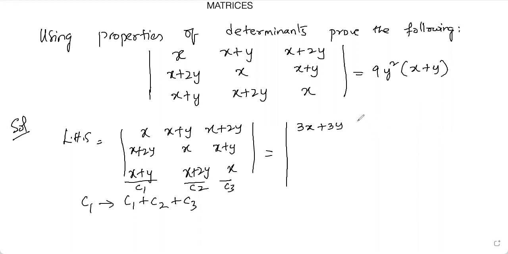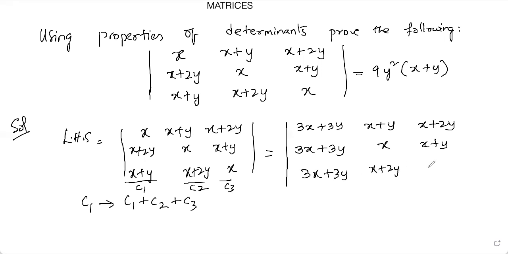We'll be changing only column 1. So column 1 becomes 3x plus 3y, 3x plus 3y, 3x plus 3y, with the other columns x plus y, x plus 2y, and x, as before. We got this. Now we can see that 3x plus 3y is common. Let us take that out.